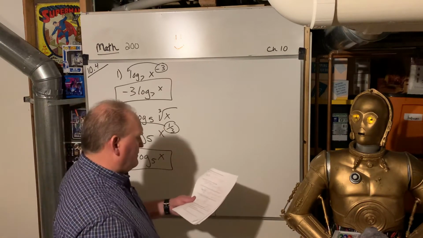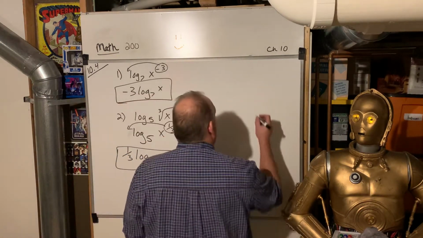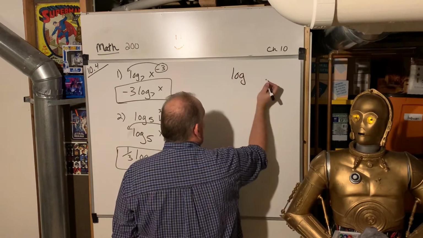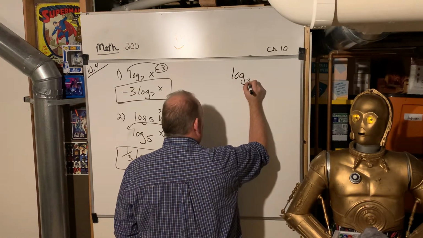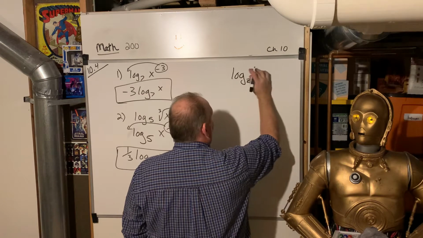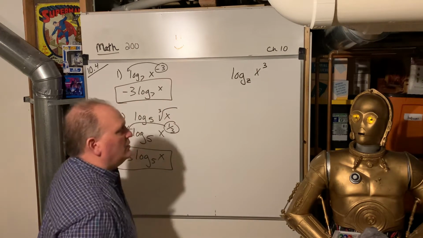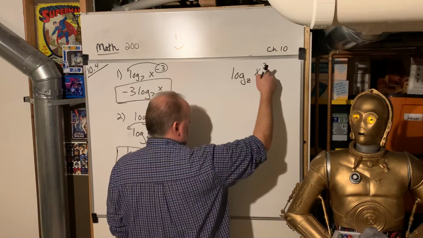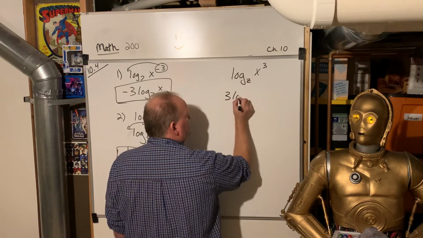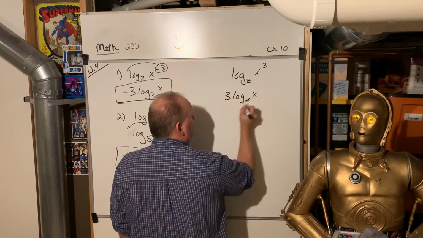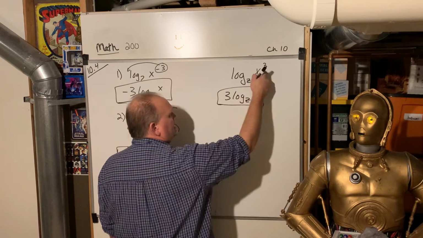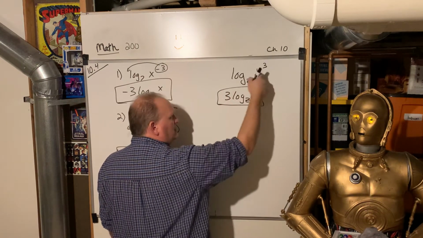Let me make one up quick. This isn't in your note packet, but if we had log base z of x to the 3rd power. Well, we could pull it down and just say it's 3 log base z of x, and then we're done. But now let me explain why you get to do that.